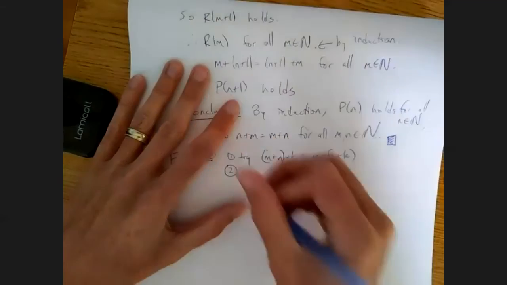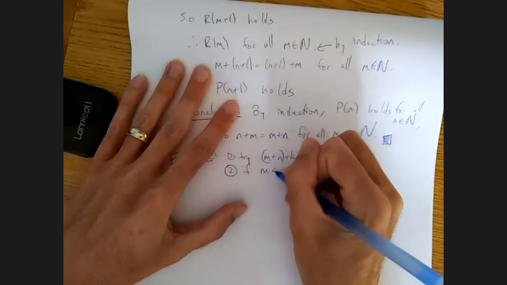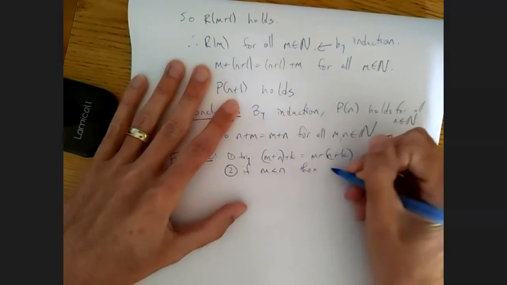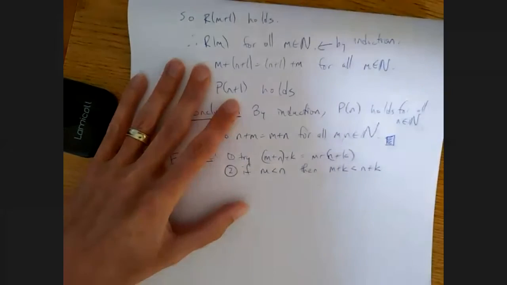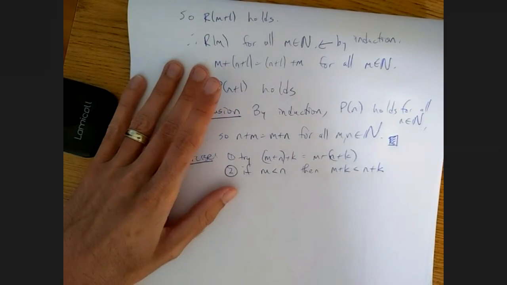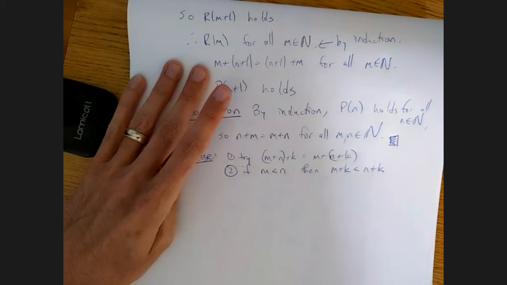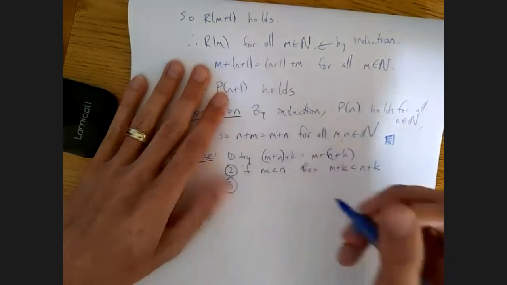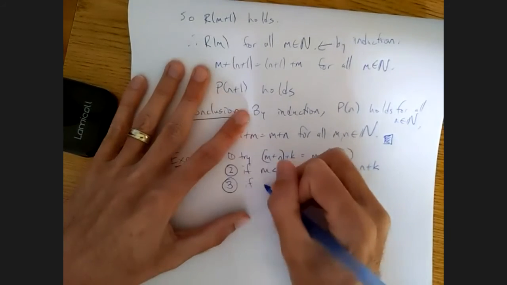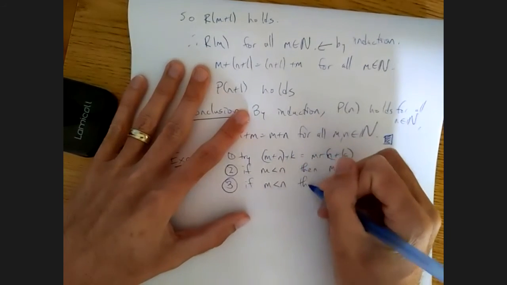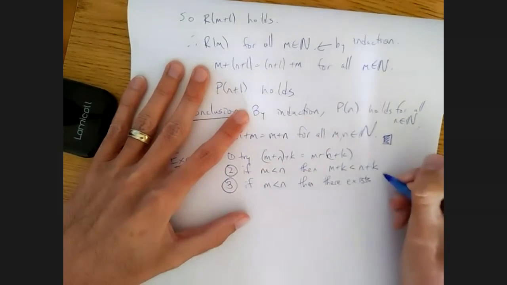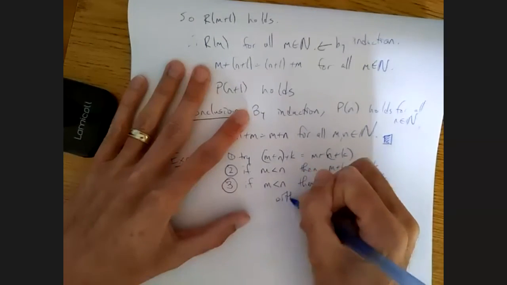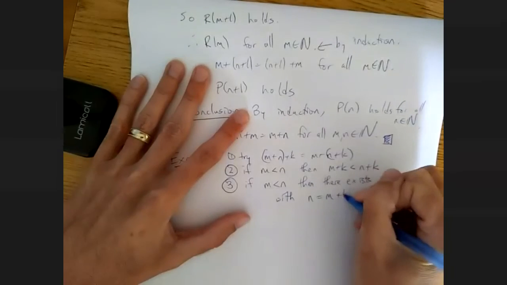You can try to show that if m is less than n, then m plus k is less than n plus k. You can also show that if m is less than n, then there exists k with n equals m plus k.